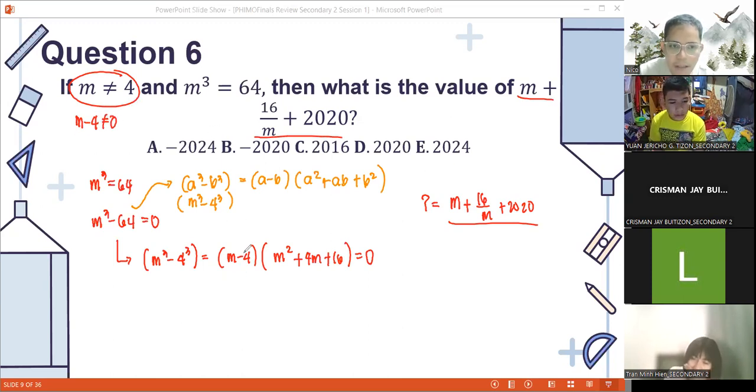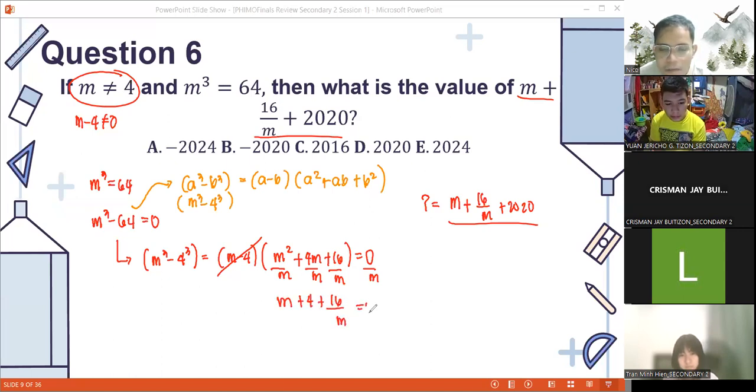So this one could be any number, so we can remove it already. And then we need to divide it by m. So this becomes divide by m, divide by m.